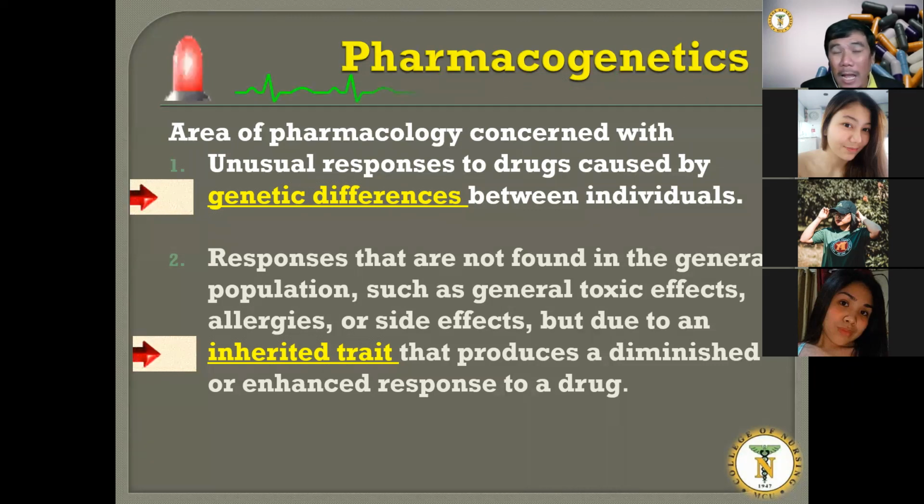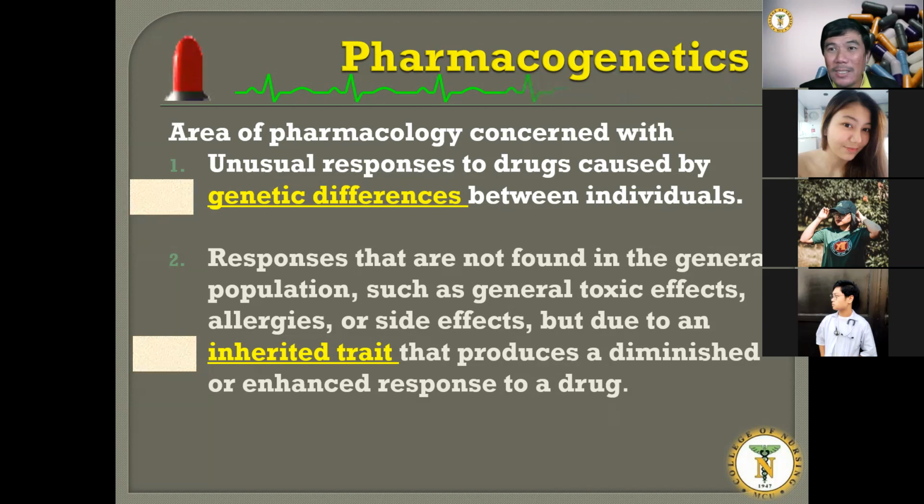For example, we always ask also of history of allergic reaction, hypersensitivity reaction, drug history. So example, can asthma be inherited also? Yes po. So asthma, for example, there are some drugs that may not be compatible to patients with asthma because they are at high risk of allergic and hypersensitivity reaction.